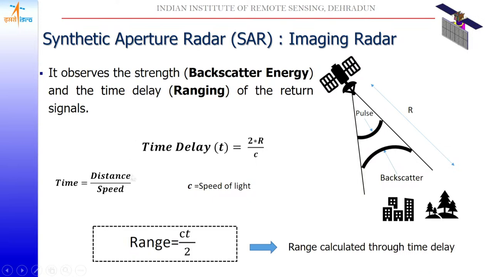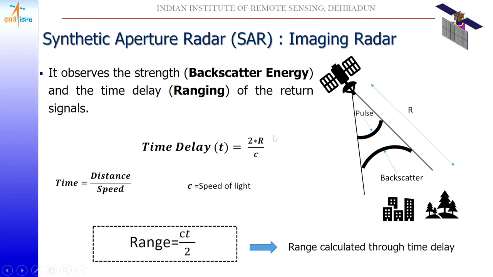In SAR, the most important term for geolocation, or having the precise location, is that it accurately calculates this time delay. If we measure this time delay accurately, then we can measure this range. So in SAR we automatically get the range to the target, and second, the backscatter energy.